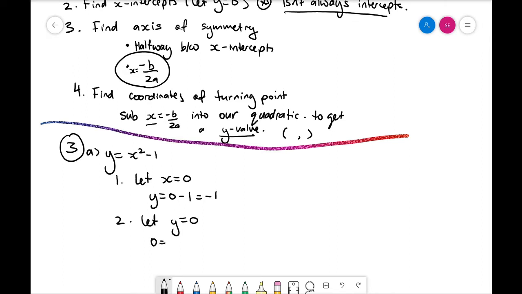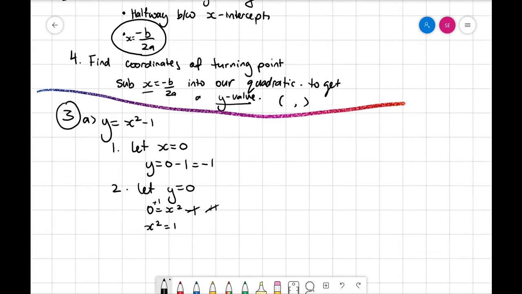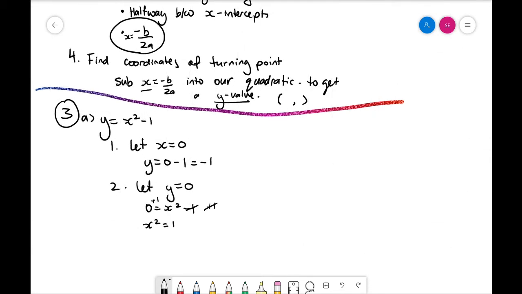Alright, so we get 0 is equal to x squared minus 1, which means if we plus 1 to both sides, we'll get x squared is equal to 1. And then if we take the square root of both sides, we'll get x is equal to plus or minus the square root of 1, which is plus or minus 1.